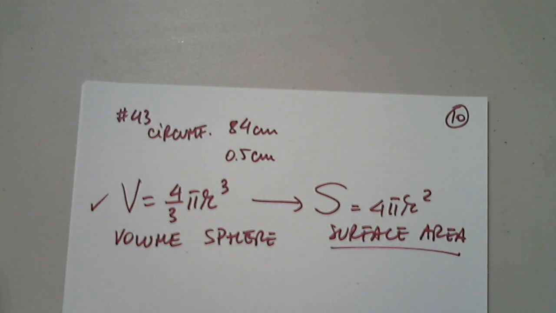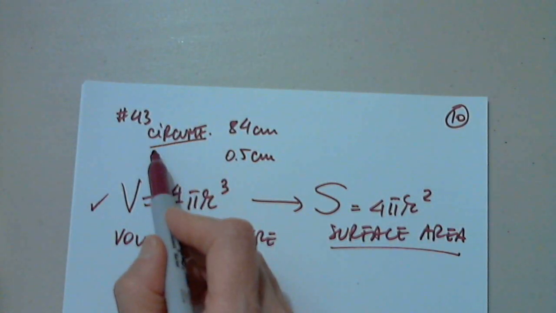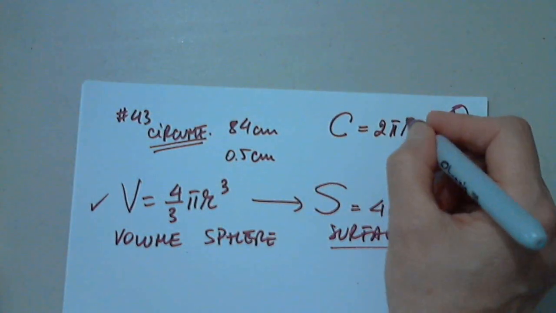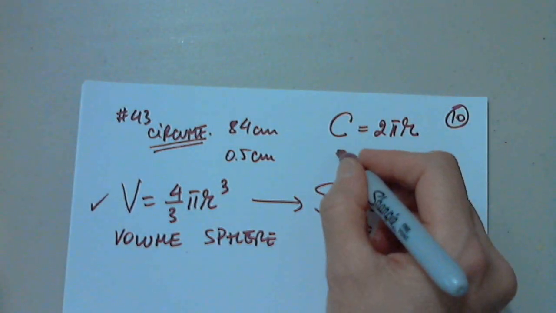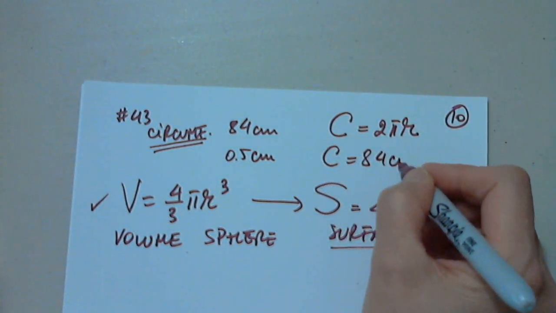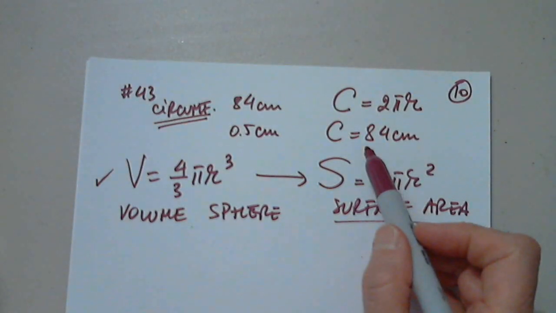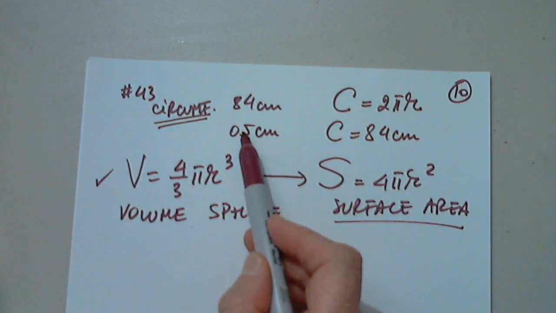So they're telling us that the circumference, which is 2 pi r, the circumference is 84 centimeters. Now the question is, they're telling us that there is an error.